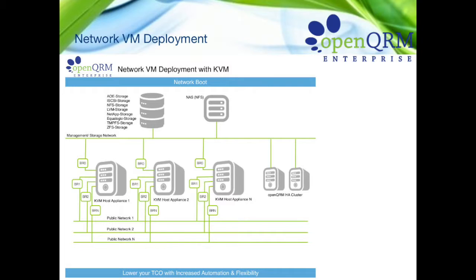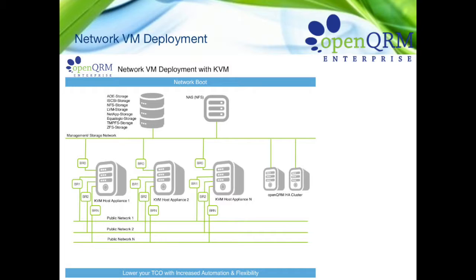But also for this kind of scenario, the regular way for our customers and users is that the virtual machine hosts are deployed via network deployment, also from openQRM directly from the storage. So the whole environment, the host itself and the virtual machine, can be put completely on the storage without even having direct access to it.